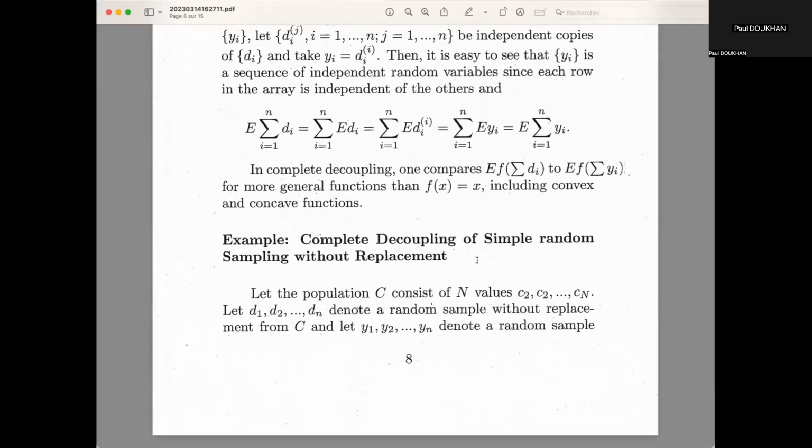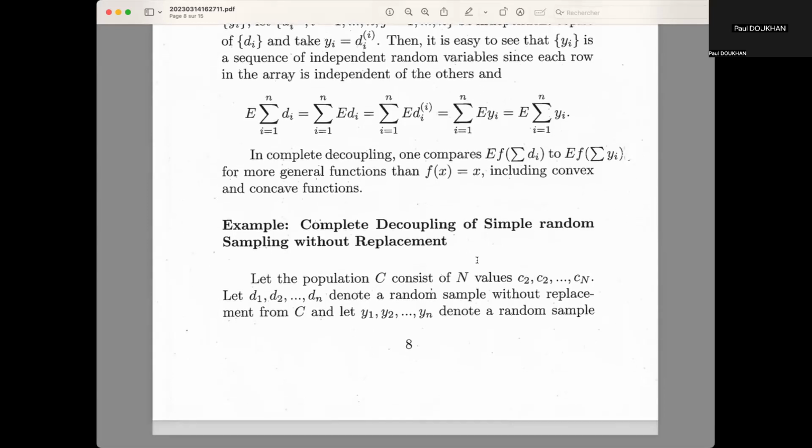You repeat the process, which gives you these. They are arbitrarily dependent. Repeat it n times, and then you take the diagonal variables. The diagonal variables, d_i superscript i, have the same distribution as d_i, but they are independent. Okay, is that clear? So that's how you construct them.